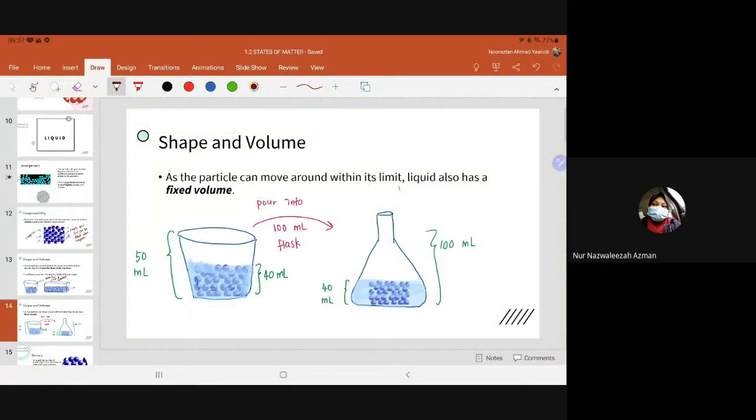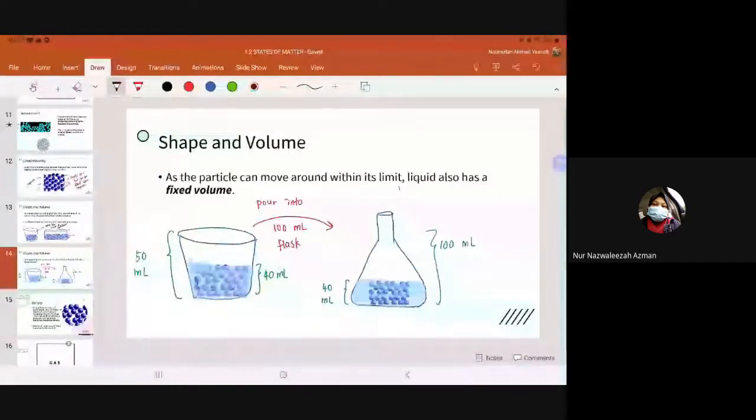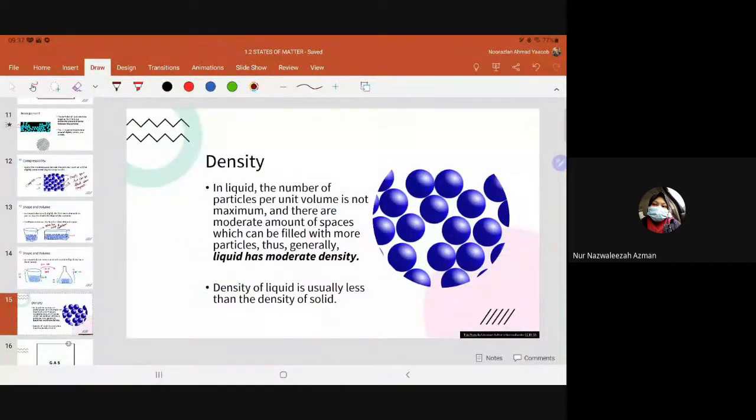Jelas. Okay, right. So we move to the density pula, the last part of a liquid. So as you know, liquid, the number of particles per unit volume is not maximum sebab ada ruang kosong sedikit.